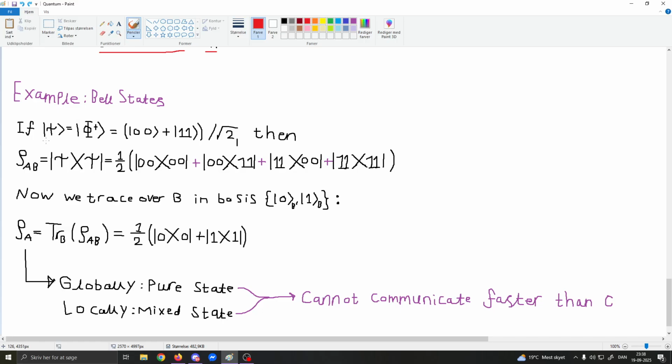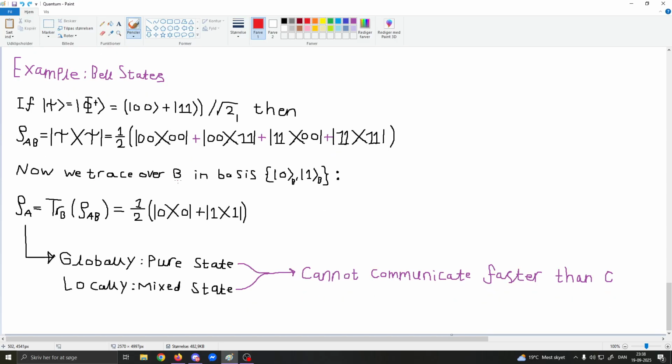So if we hypothetically start out with a quantum system, that being the Bell state corresponding to the entangled state of both qubits either being 0 or both qubits being 1, then we see that the density matrix for the joint system can be described by this linear combination of outer products, and it seems familiar to the one we saw earlier.